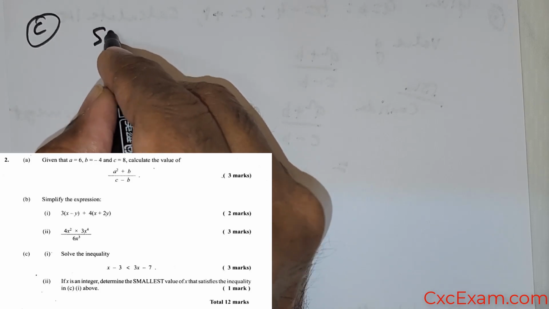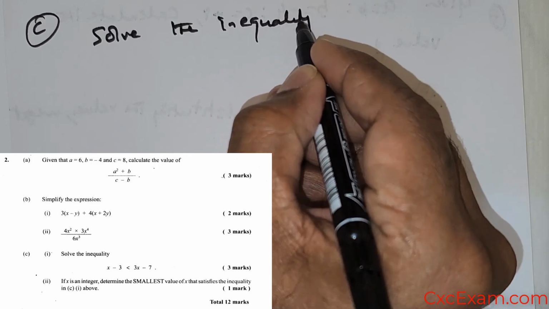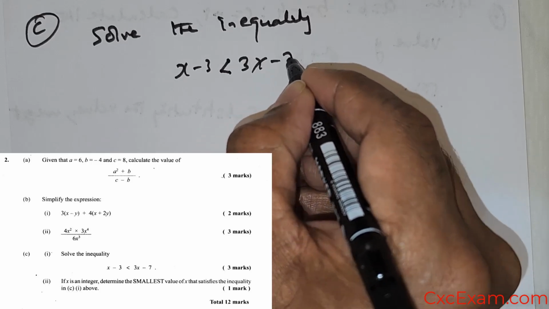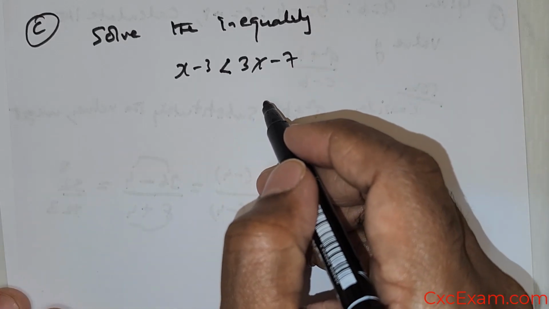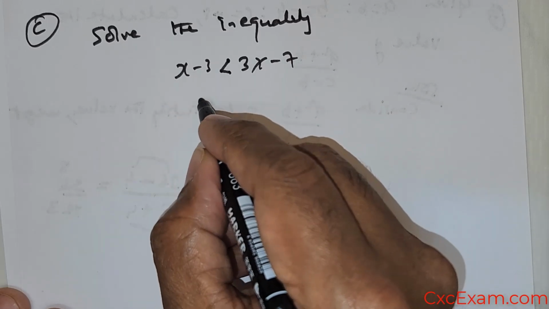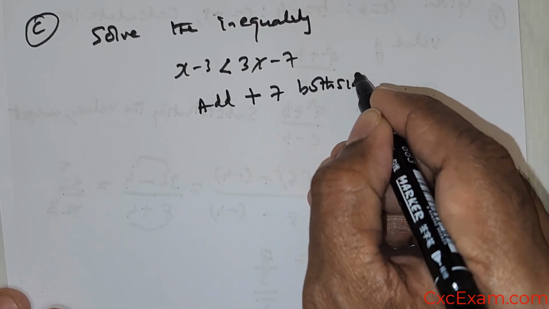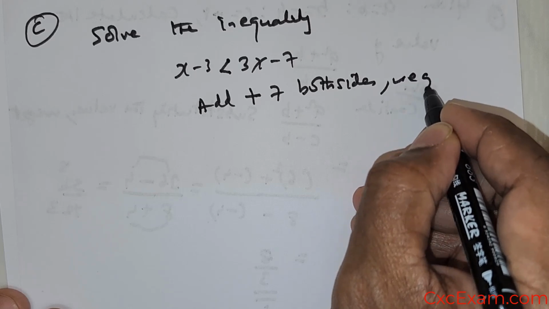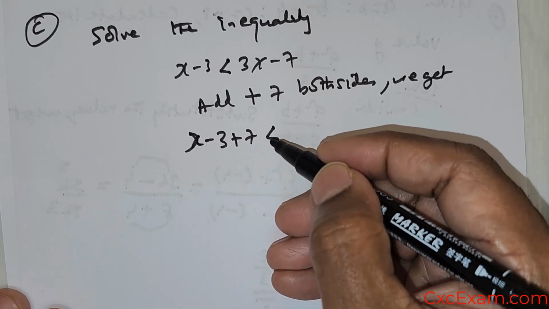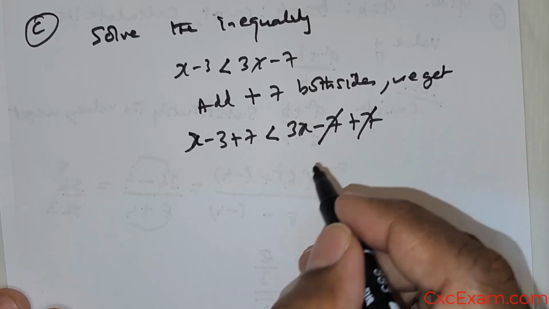Now C is solve the inequality. x - 3 less than 3x - 7. So what I'm going to do, I'm going to bring this -7 to the other side, or in fact you can simply add +7 to both sides. We get x - 3 + 7 is less than 3x - 7 + 7. -7 + 7 goes off.